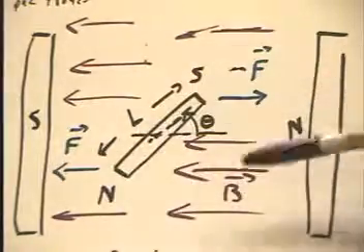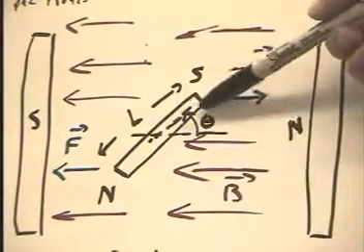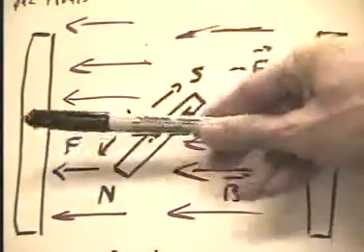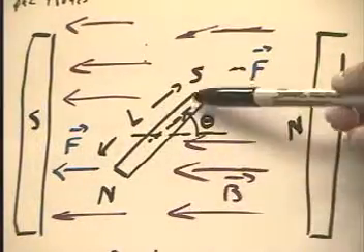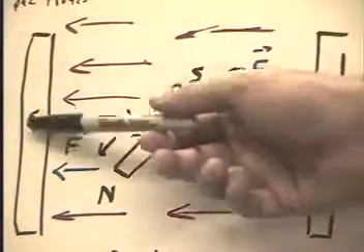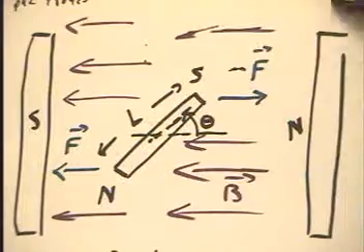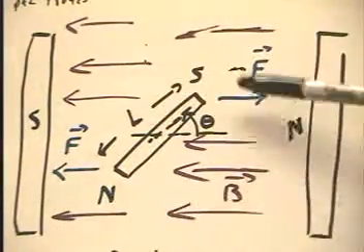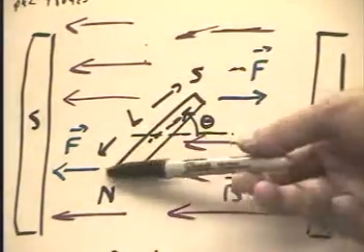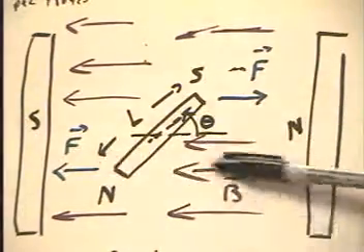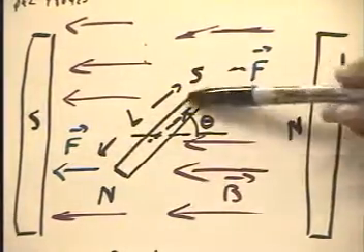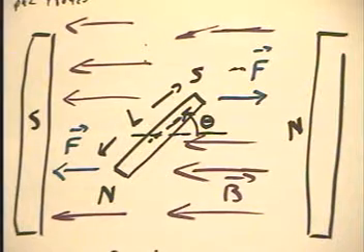These two forces result in a torque that tends to turn the bar magnet toward the magnetic field, with the south pole facing the north and the north pole facing the south. Or if we forget about the poles of this magnet, the north pole is repelled by the magnetic field, the south pole attracted by the magnetic field.